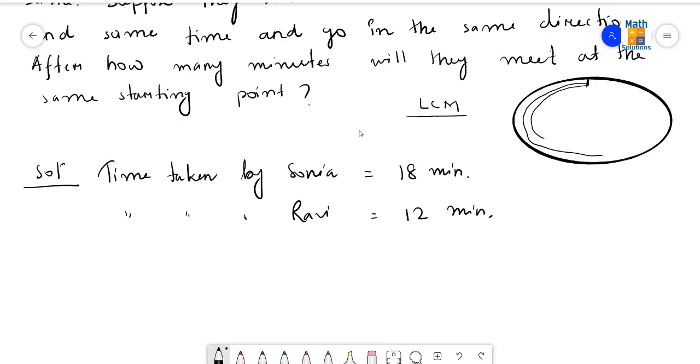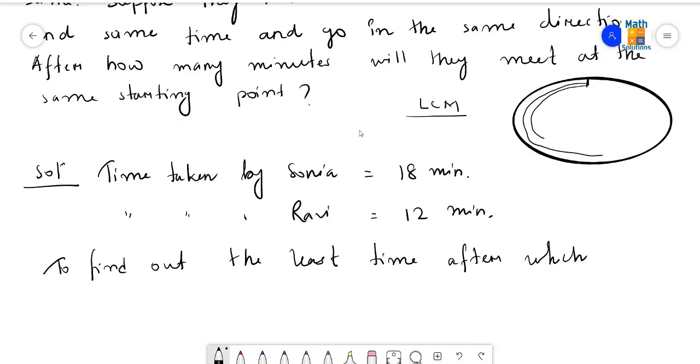So to find out the least time after which they will meet each other, that is what we have to calculate.